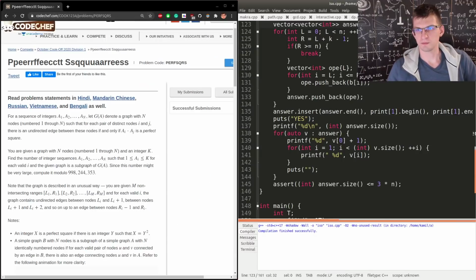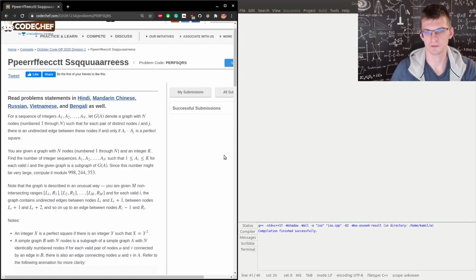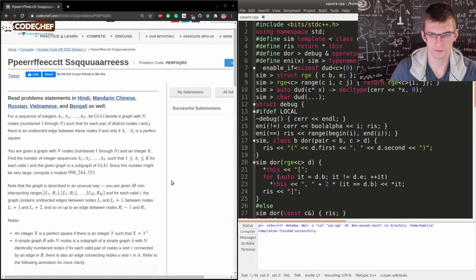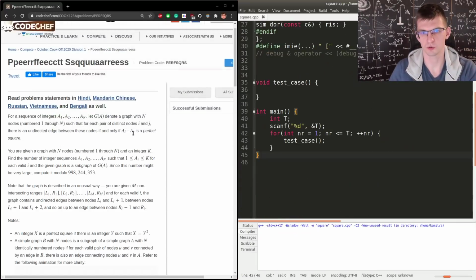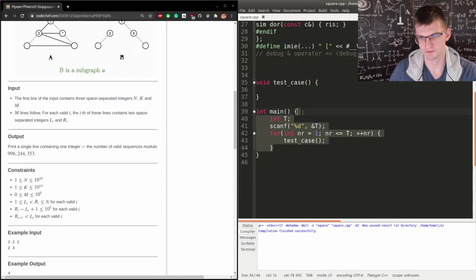The last problem. Let's close all of that. This is square. There won't be even test cases.